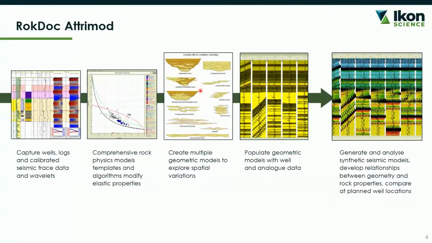So what is our geologist telling us is happening in the area? Can we bring that in to this set of models? We'll populate those geometric models with the well and analog data and generate and analyze synthetic seismic models, develop relationships between the geometry and rock properties, and compare this all at planned well locations.